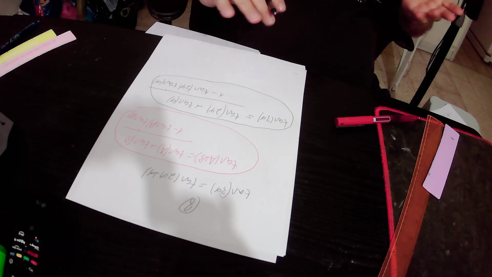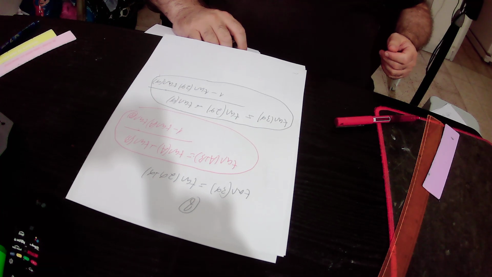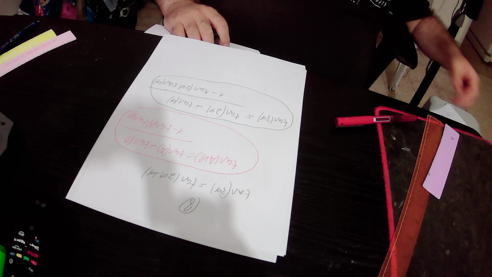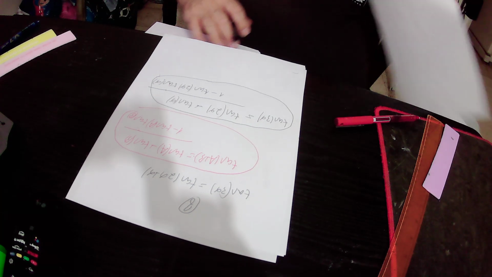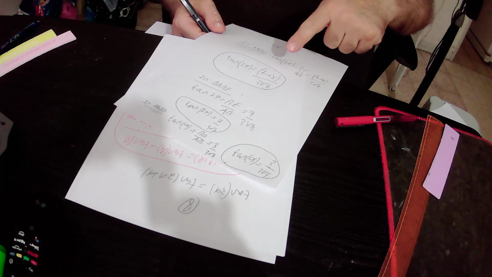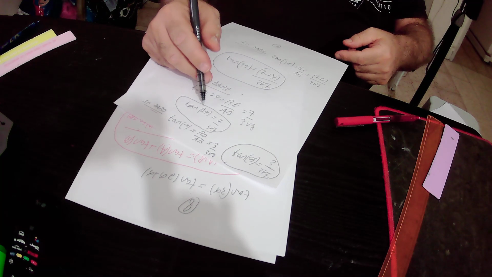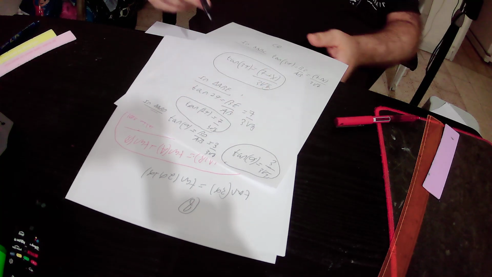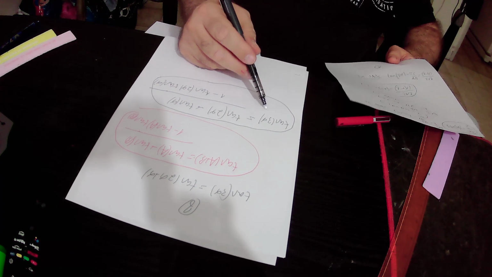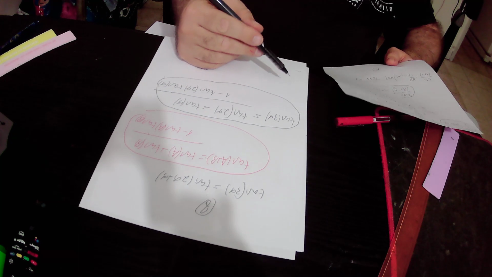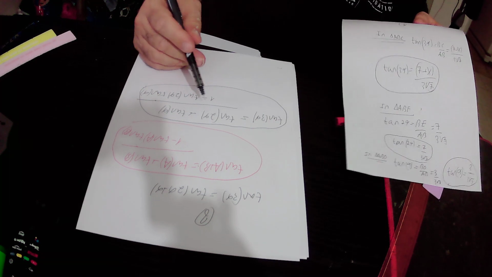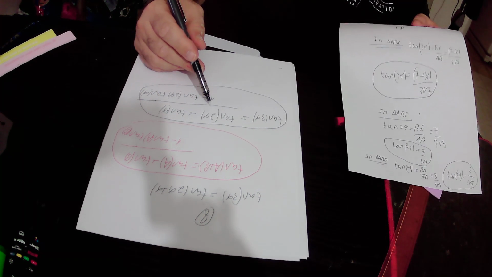In this identity we have tangent 3 alpha, tangent 2 alpha and tangent alpha, but we have already found out the values of tangent 3 alpha, tangent 2 alpha and tangent alpha. So we will substitute here the value of tangent 3 alpha by the value that we found, and we will do the same thing for tangent 2 alpha.